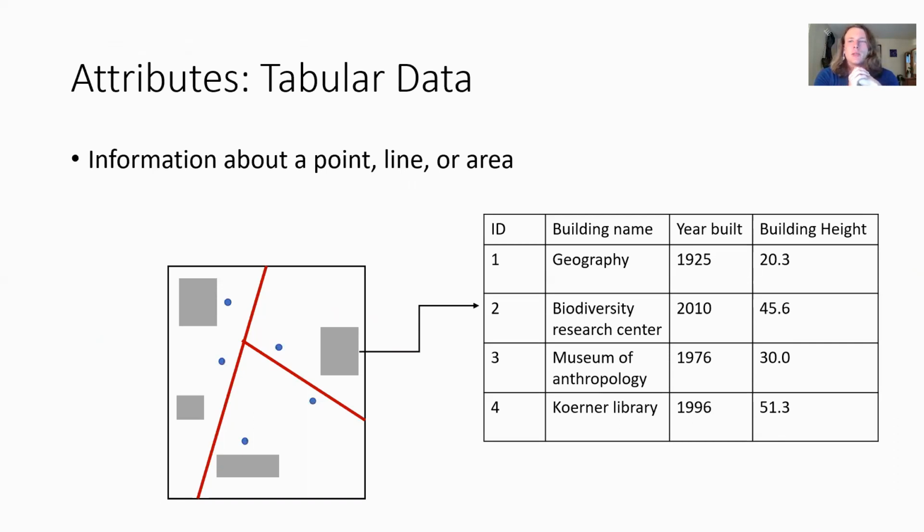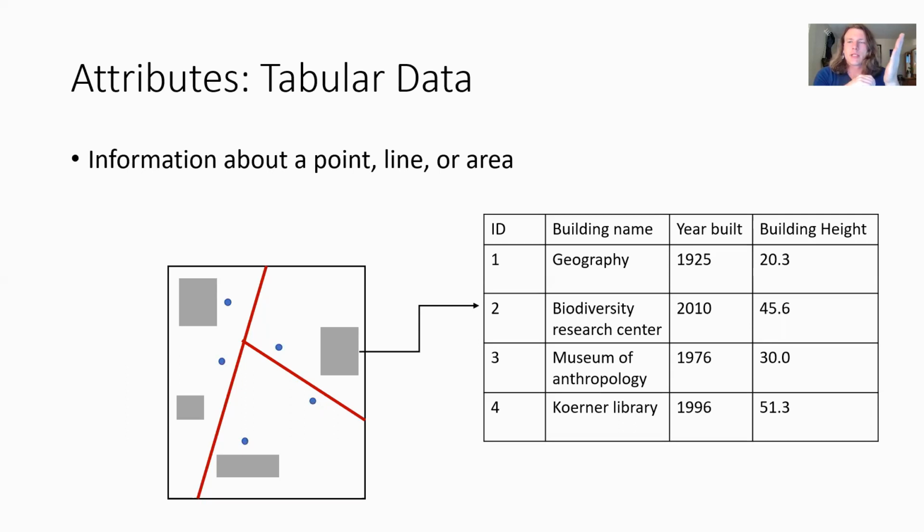In the simple example on the screen, we can see 3 different vector layers on a map. We've got blue dots, and we'll say they represent streetlights. We've got red lines, and those represent streets. And then we've got gray rectangles, and those represent buildings. I'm showing an example of the attribute table for the buildings layer.